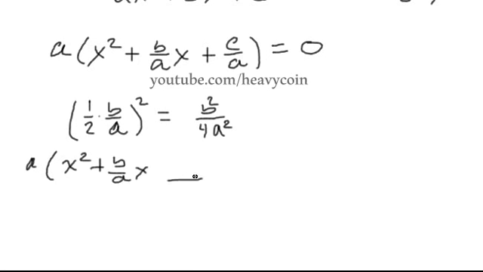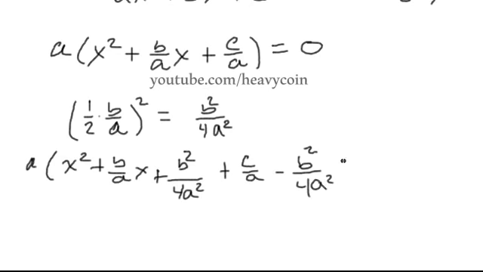We underline, put a blank here, then plus c over a. So we add b squared over 4a squared, and then subtract b squared over 4a squared. Let's close up that parentheses. That's still equal to 0 there.